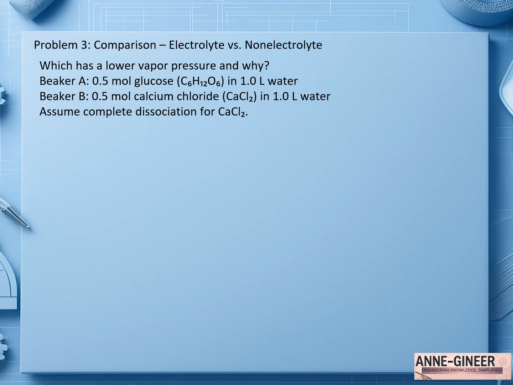Let's assume complete dissociation for the calcium chloride. In beaker A, glucose is a non-electrolyte. In beaker B, the calcium chloride is an electrolyte, so it dissociates.